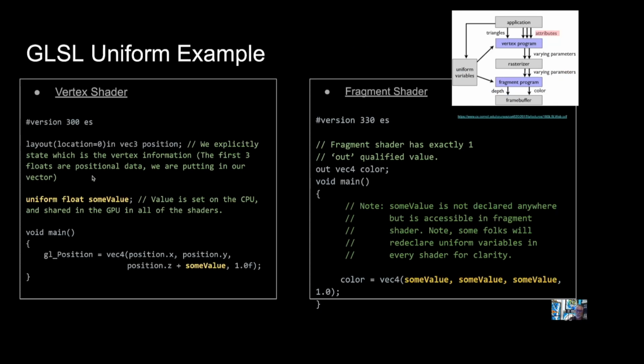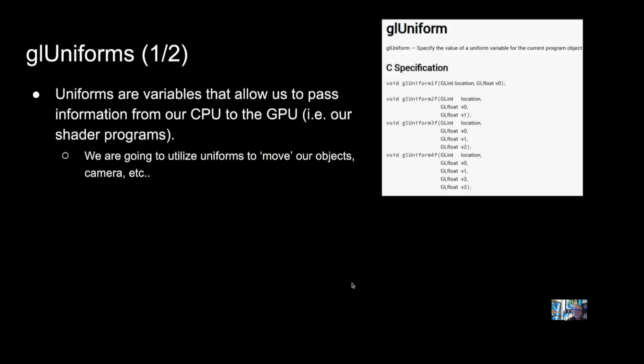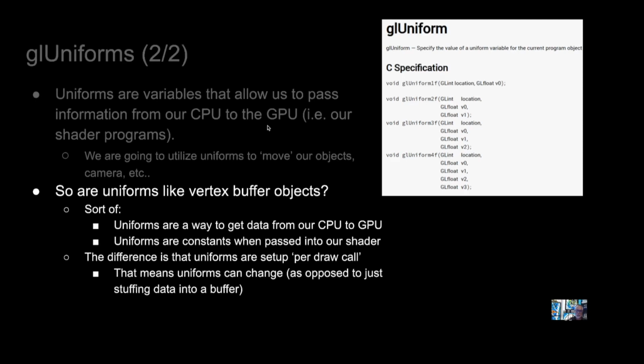So our shaders will look like this. I have some value and I can add it to Z. Notice that I can also add it in my fragment shader, and then that will give me these values here. So we have to tell the GPU that we're going to use a uniform, and then we also need to get that uniform into our GPU.